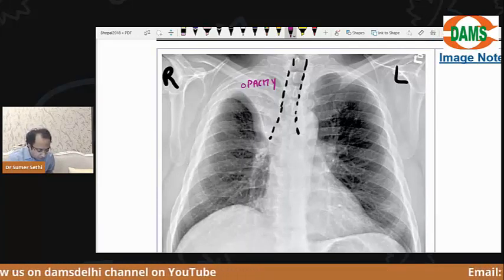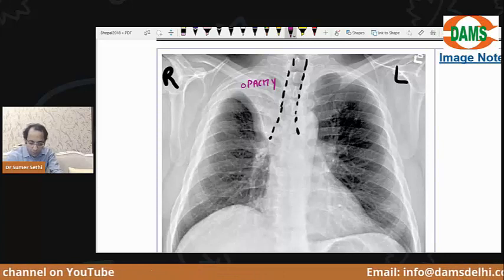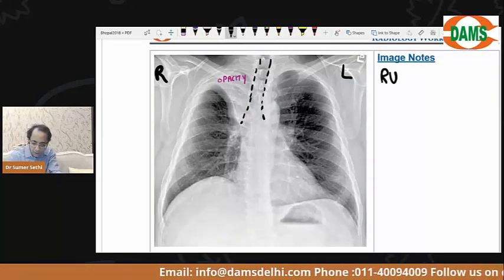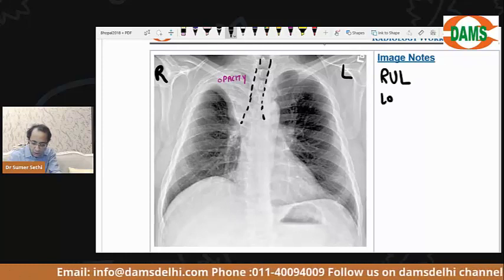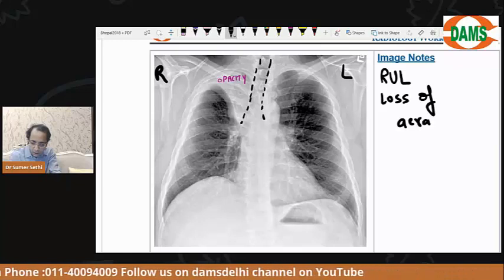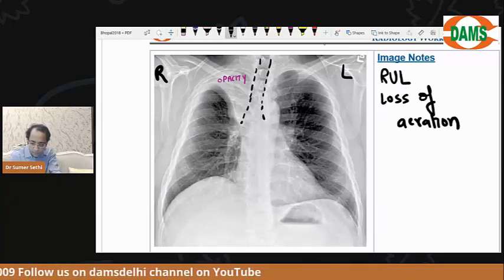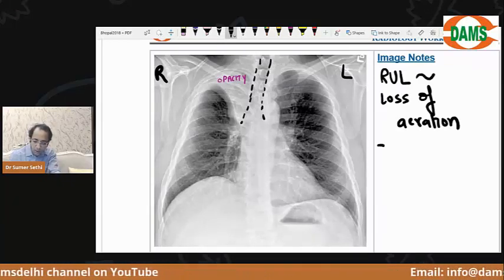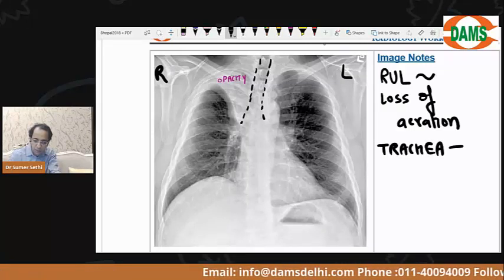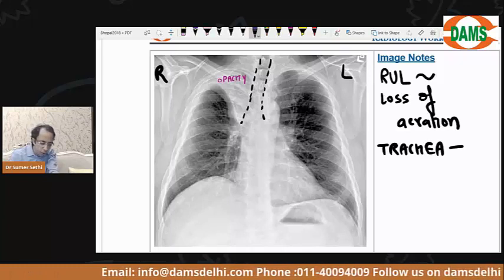Okay, now see, you have a problem in the right upper lobe. Why is the problem appearing white? Because there is loss of aeration. Now tell me, trachea: is it pushed away or pulled towards the disease?